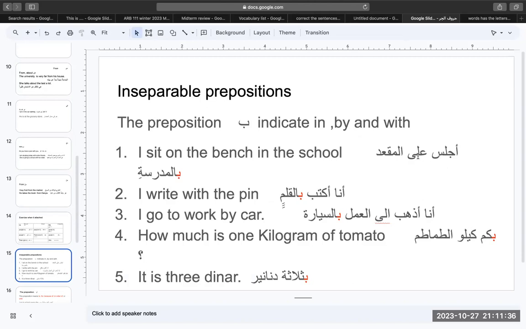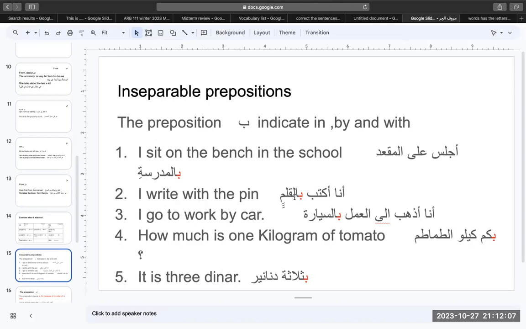Like أجلس على المقعد بالمدرسة. بالمدرسة, which means in the school. I sit on the bench in the school. I write with the pen. أنا أكتب بالقلم.